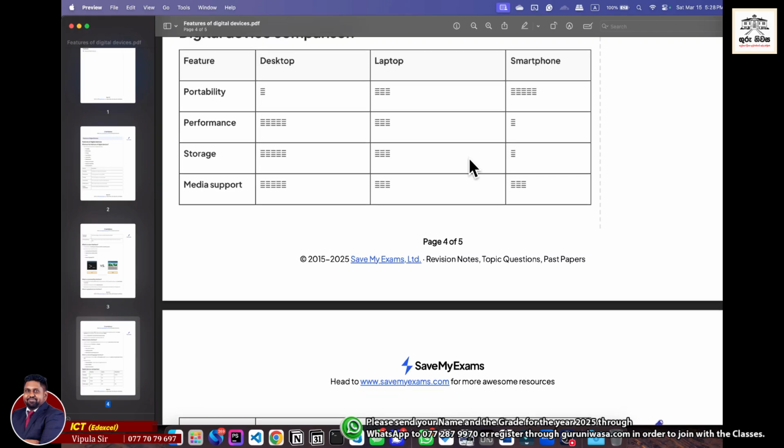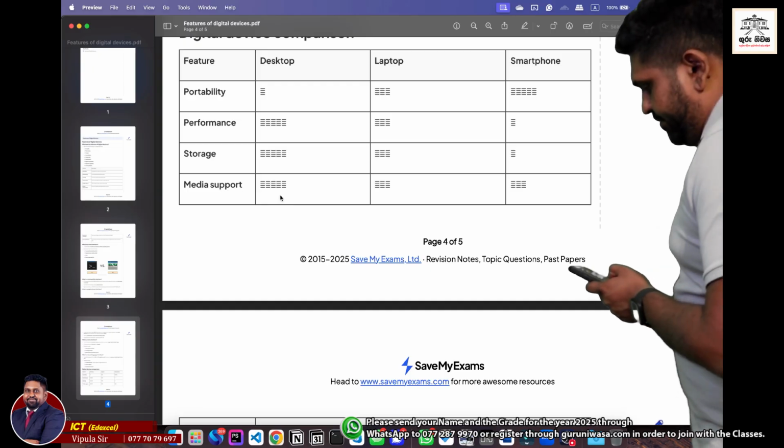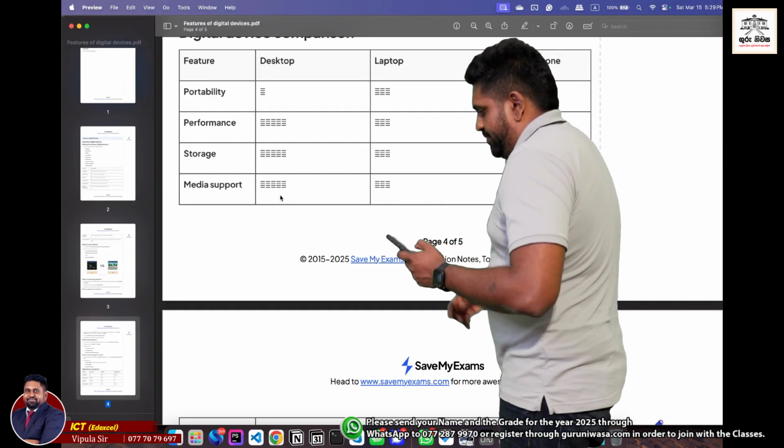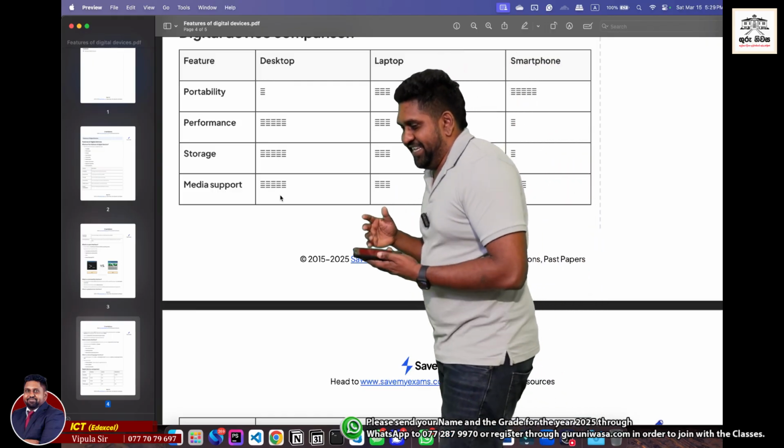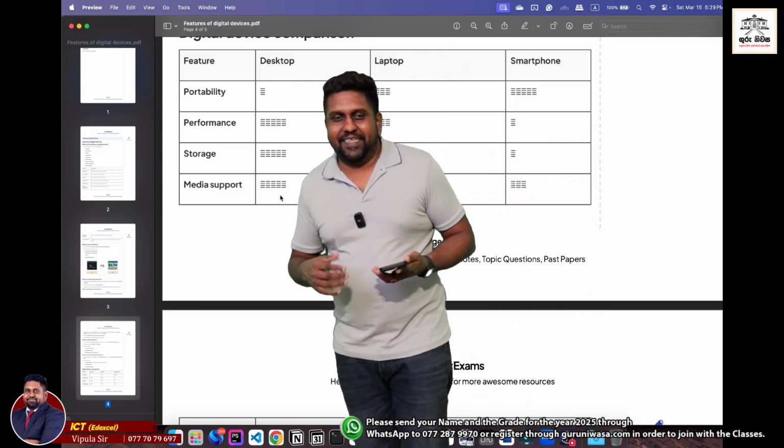Then media support. According to the theory, desktops have the media support. I'll have to explain this now.